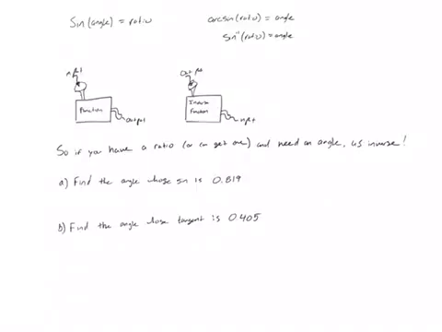It says find the angle whose sine is 0.819. So what I'm going to do is I'm going to type in 0.819. On my iPhone calculator, I have to hit the second button and it pops up with sine inverse. I hit that button and it gets me 54.9848.